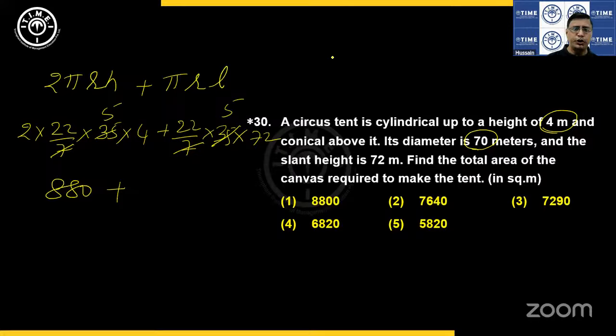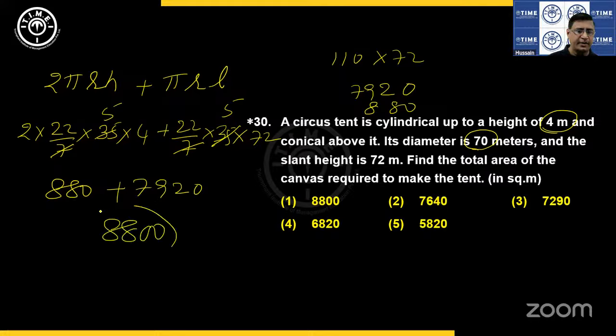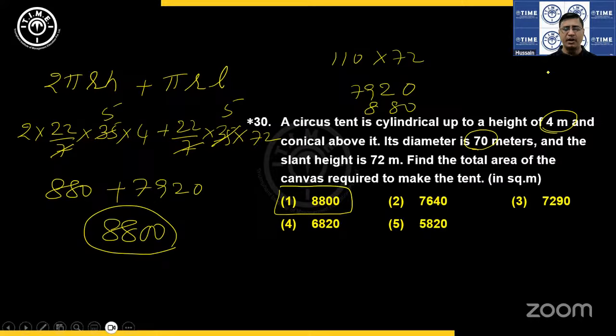Now, 5 into 22, that is 110 into 72. 72 into 11, that is 792, so 7920 plus 880. Now add these two values. That is 8800. What is the right choice? Option number 1. First choice is the right answer.